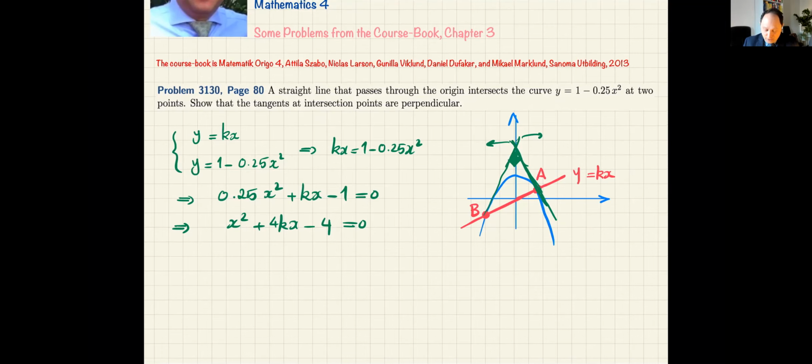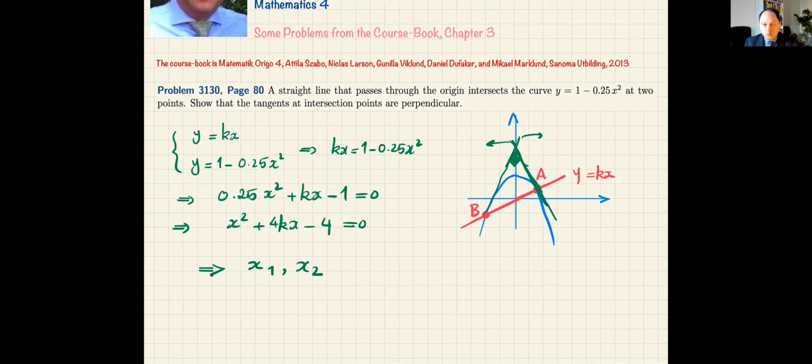So this, in general, will give me two solutions. Of course, the solutions are complicated, and when I see the solution in the book, it has a lot of square roots and things like that. Let me pretend that these numbers are x1 and x2.